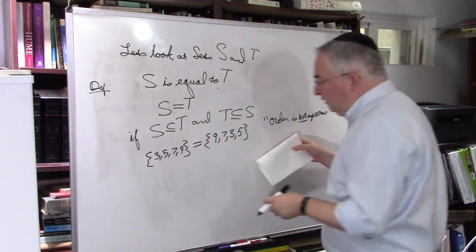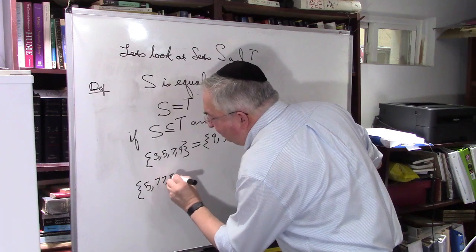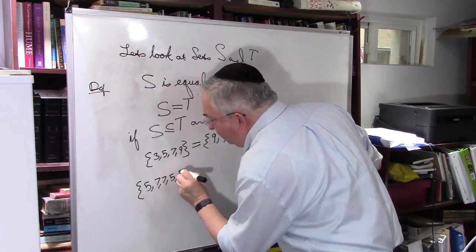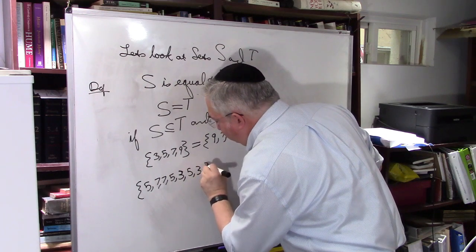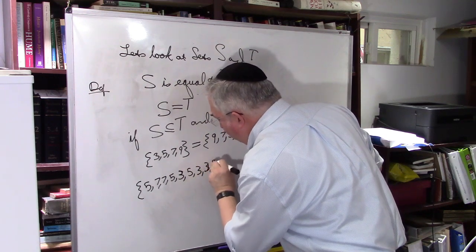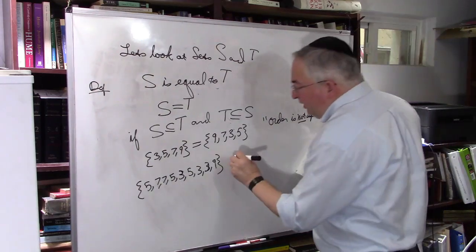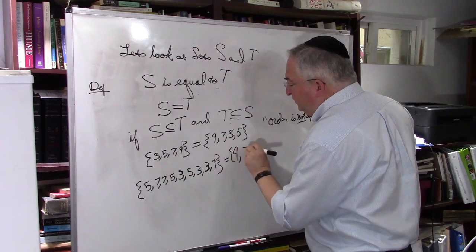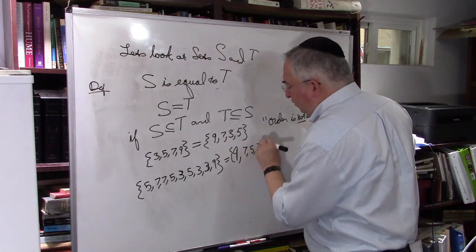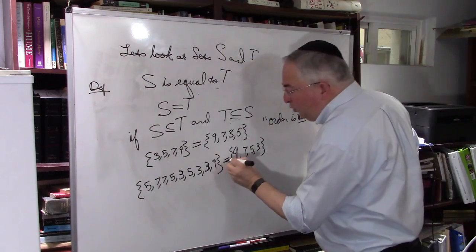One other thing we learned is the set {5, 7, 7, 5, 3, 5, 3, 3, 9}. Okay? That set with a lot of repetitions is also equal to {9, 7, 5, 3}. Let's see why this is true. Why is this equality?